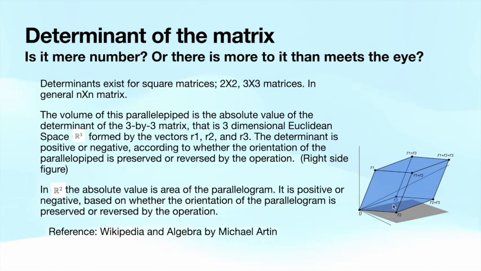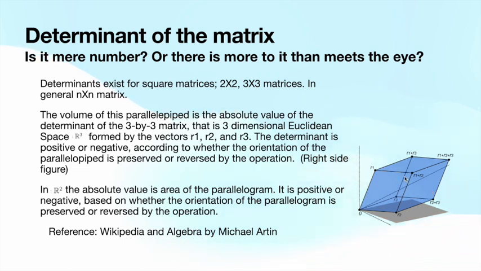When r1 is added with r3, we get another edge. r1 plus r2 plus r3 is going to be another point, if we add all these three vectors, and r1 plus r2 is another one. When we connect all these vertices and edges, we get a parallelepiped. The volume of the parallelepiped is going to indicate the determinant of the matrix.